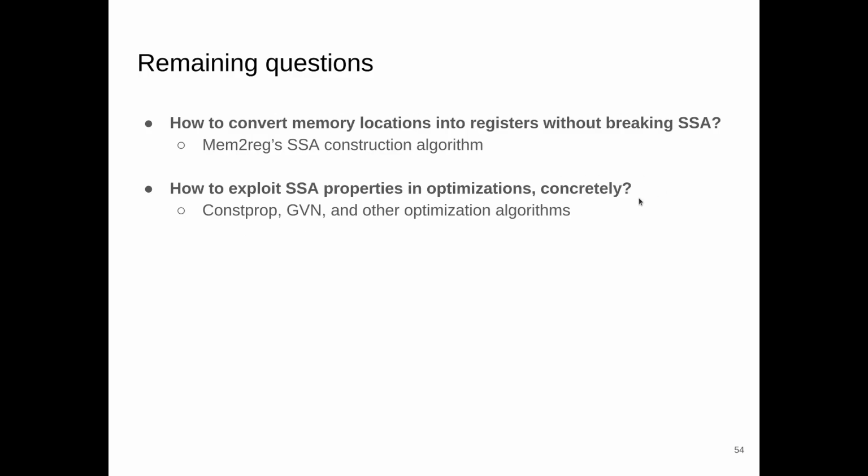We have a vague feeling that this kind of information will be very helpful in optimizations. But we need to concretely discuss how to exploit this kind of information in the optimization of the IR. For example, constprop and global value numbering or other optimizations use SSA properties, and we are going to discuss how.